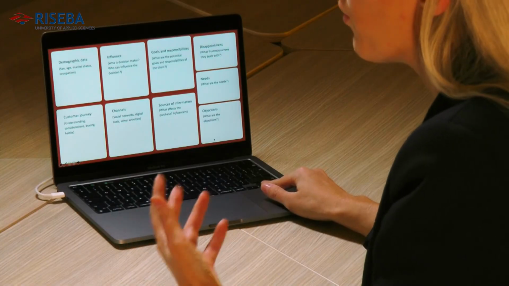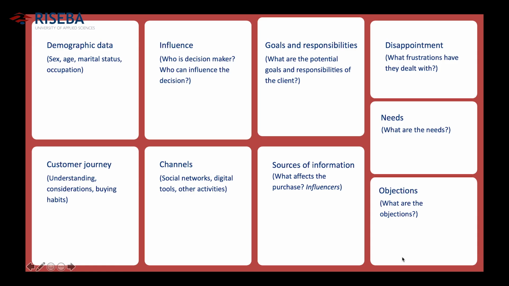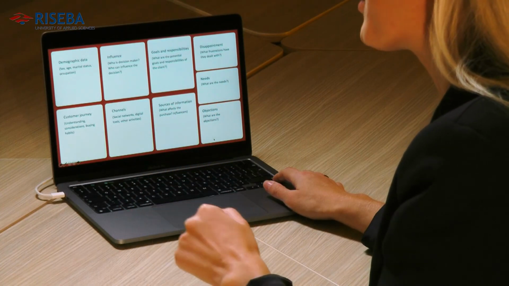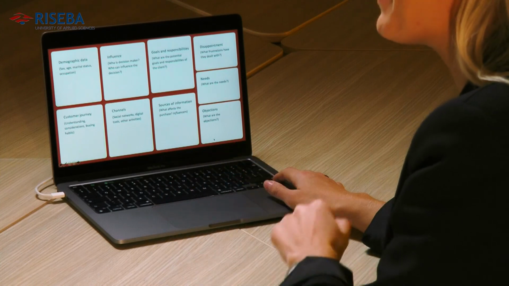To help you create this visualization of your customer, I have prepared a canvas of questions which, after answering, will let you find out what your customer is doing, where he is living, what his influence is, maybe what his goals and responsibilities are, and which channels he is using every day, so you can find him at the right time and in the right space.